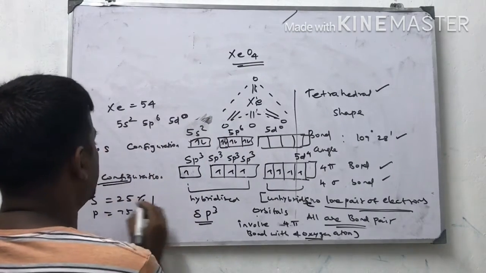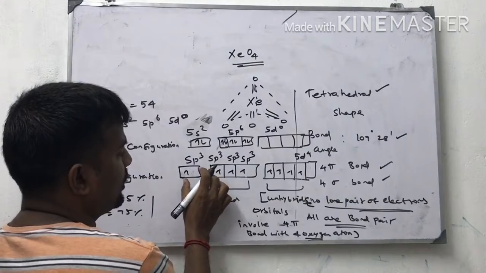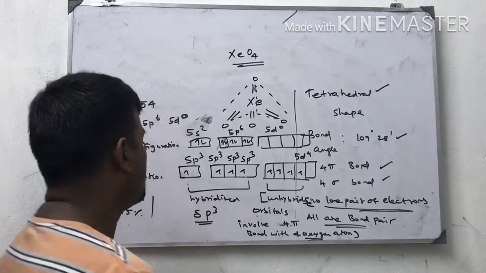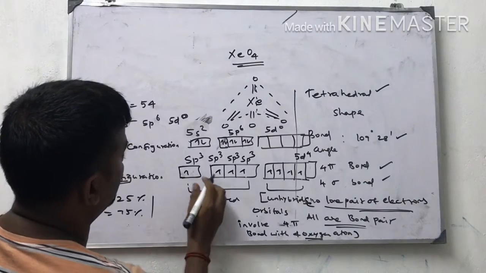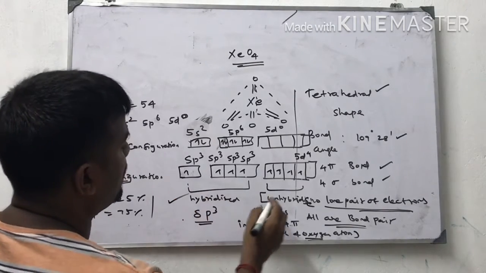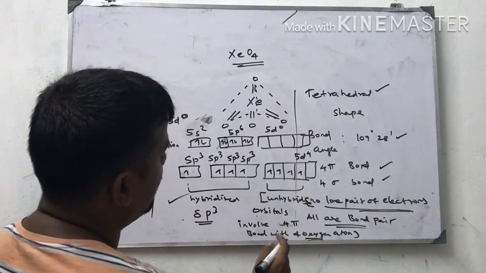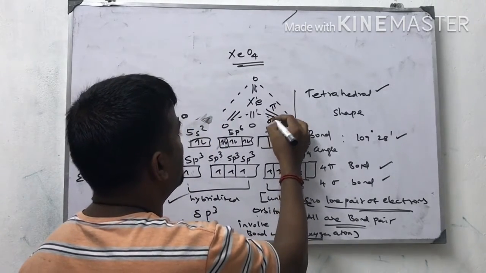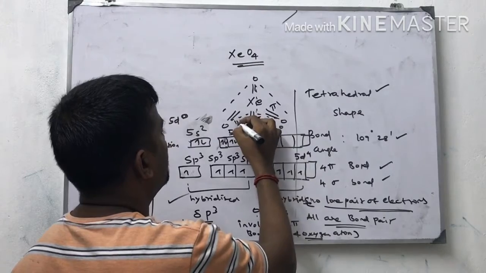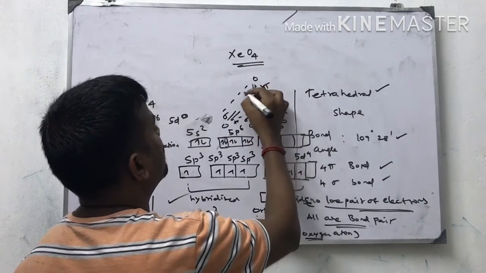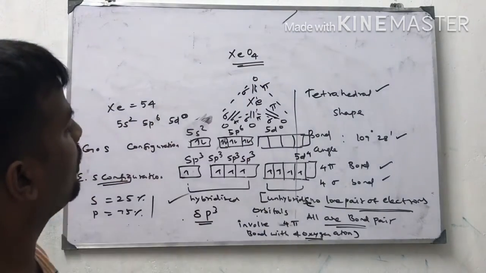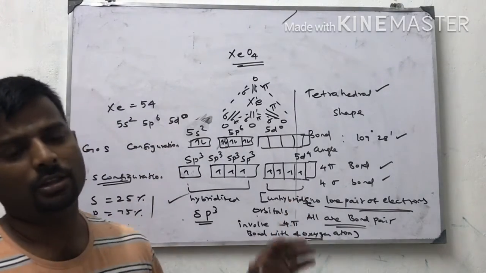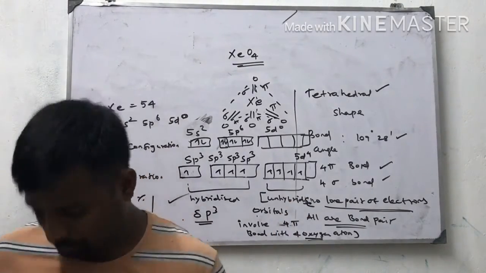In the excited state, 4 electrons from the s orbital and p orbital are shifted to d orbitals. Therefore 4 electrons are in the hybridized sp3 state, and 4 electrons are in the unhybridized state because these 4 electrons involve 4 pi bonds, and the 4 sigma bonds. So 4 pi bonds and 4 sigma bonds. This is the explanation of xenon tetraoxide.